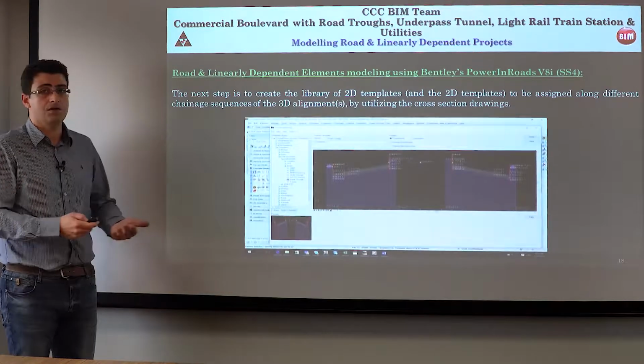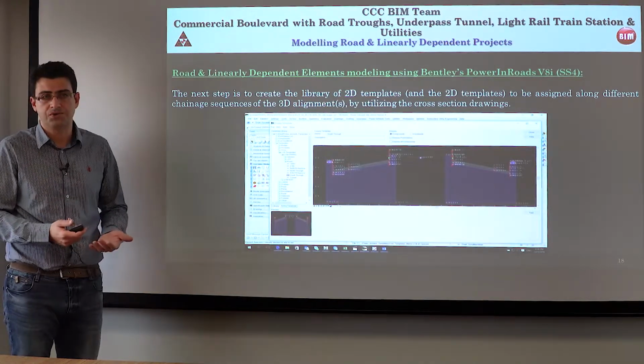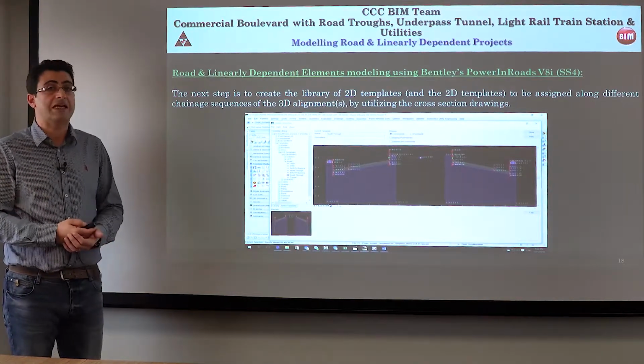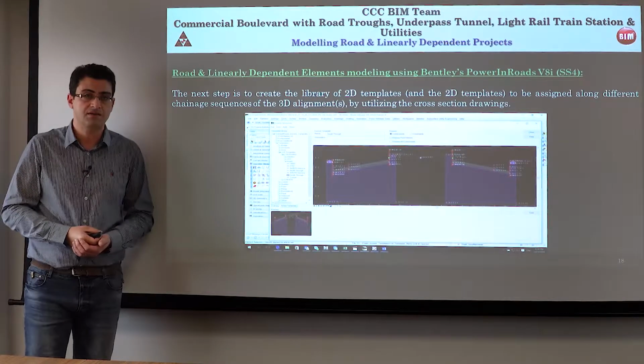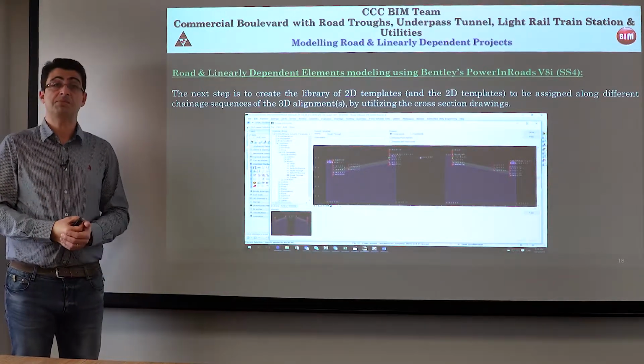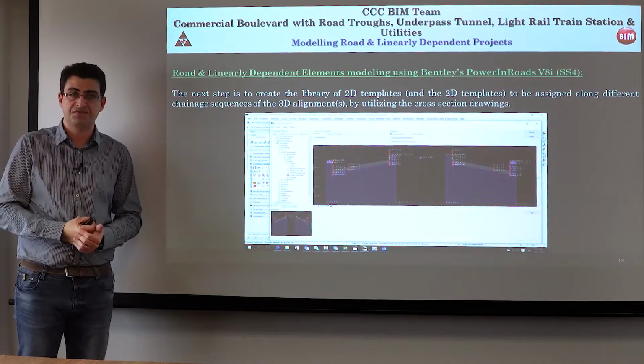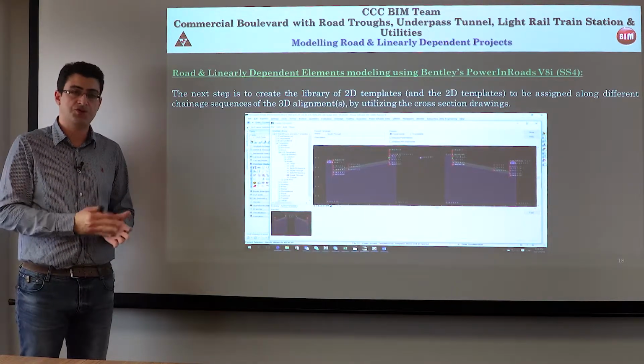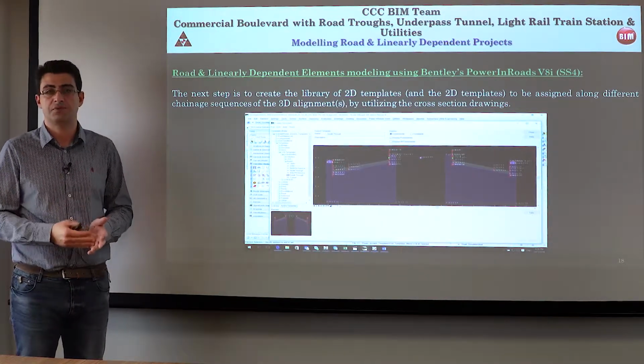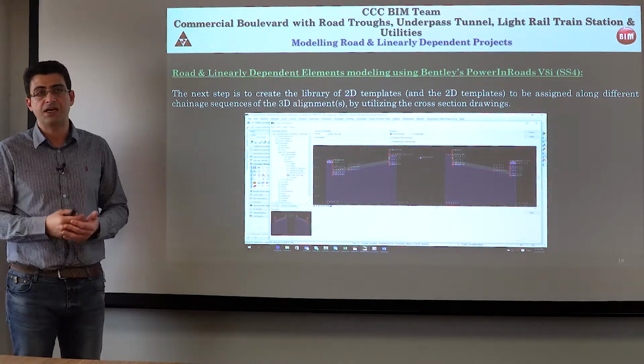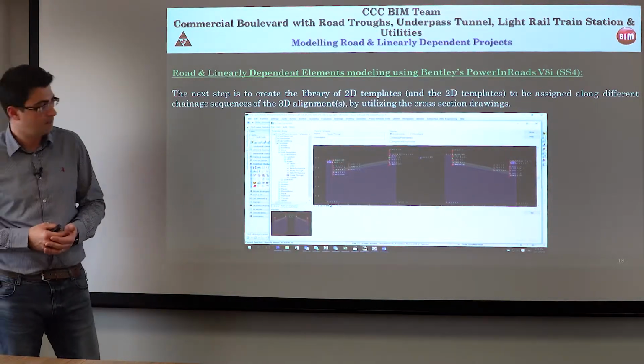Now, since we have these alignments, what are we going to do with them? We have to create in a library of sorts some templates that will denote the different sections from chainage to chainage on this project. And this is generic for each linearly dependent project.